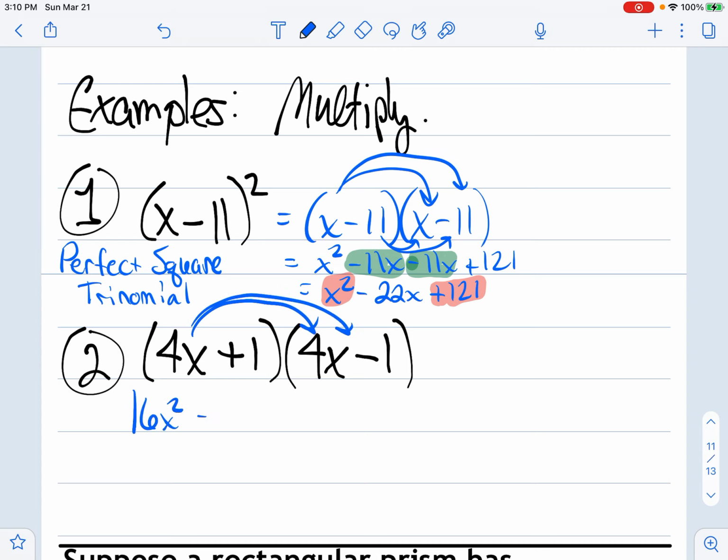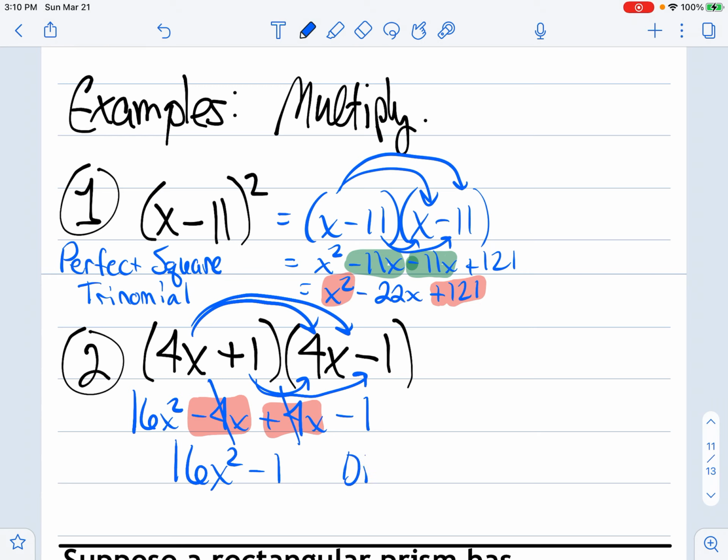We have 4x times negative 1, that's negative 4x. 1 times 4x is positive 4x, and then 1 times negative 1 is negative 1. This term combines with the positive 4x, but this time those terms cancel out because they're opposite signs, so those become 0. My final product is 16x squared minus 1.